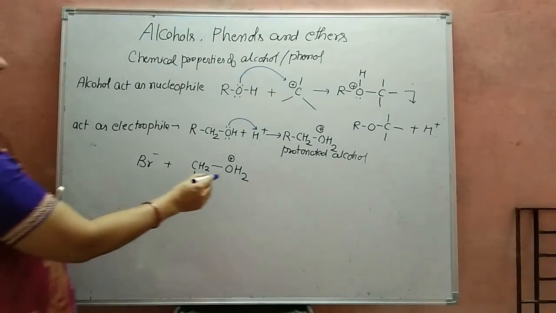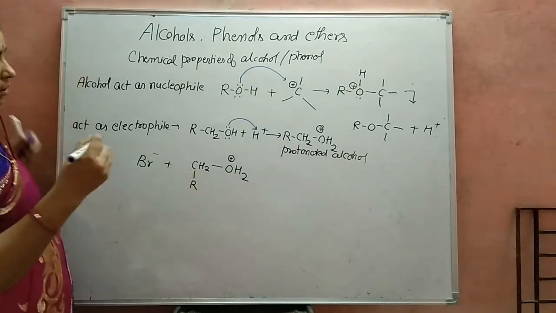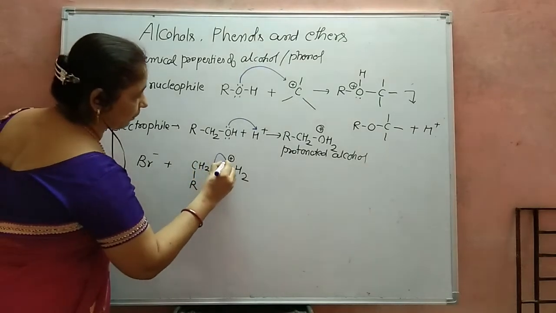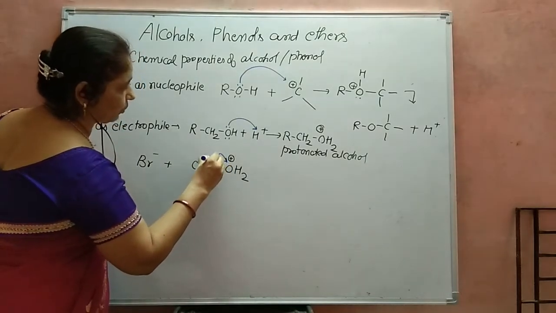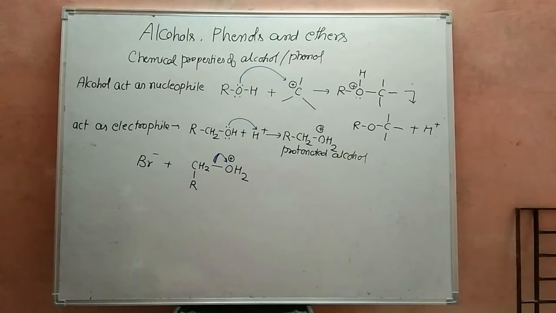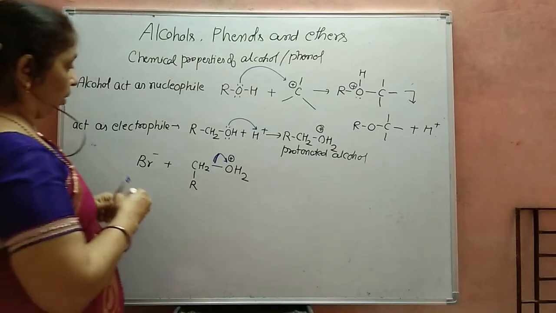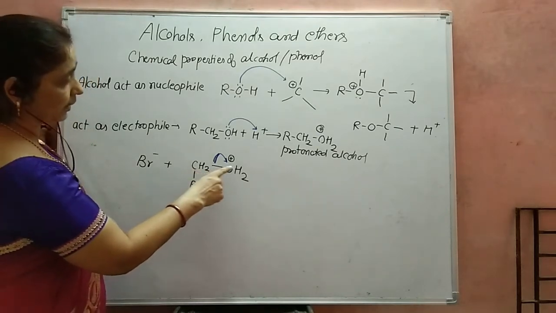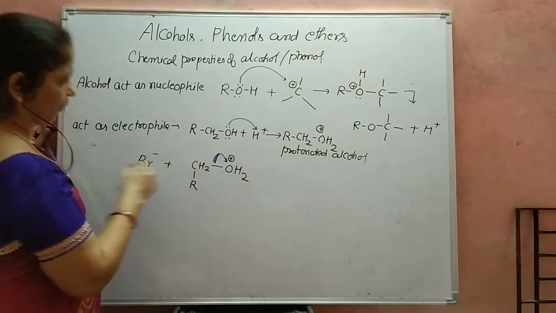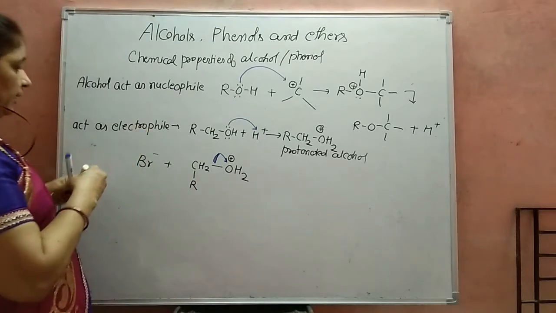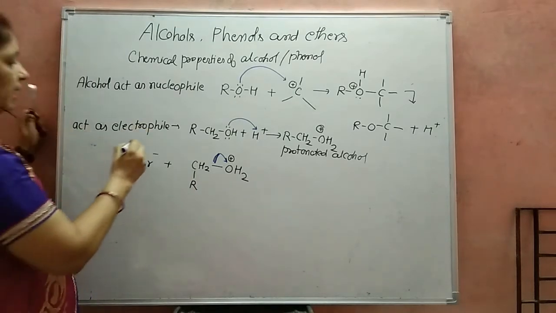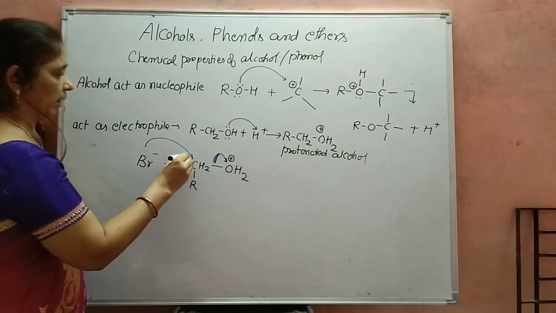This oxygen is more electronegative than carbon. So this bond is attracted by oxygen. और if oxygen attracts this bond, water molecule is released. और जैसे ही ऑक्सीजन ने इसको अट्रैक्ट किया, कार्बन पर पॉजिटिव चार्ज आया, immediately this Br negative attacks this carbon.